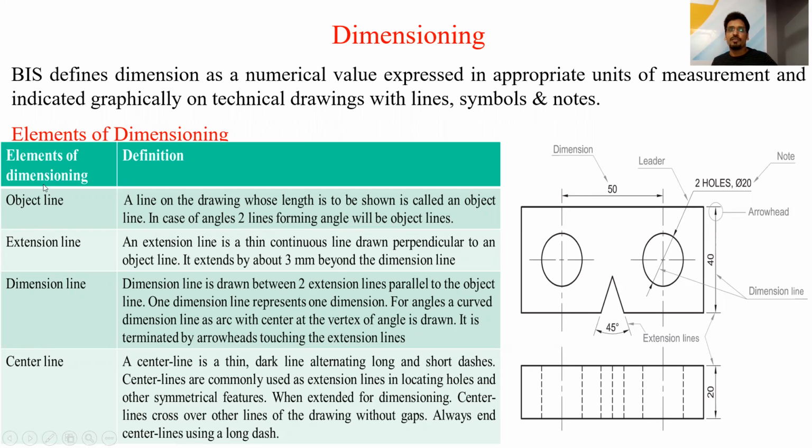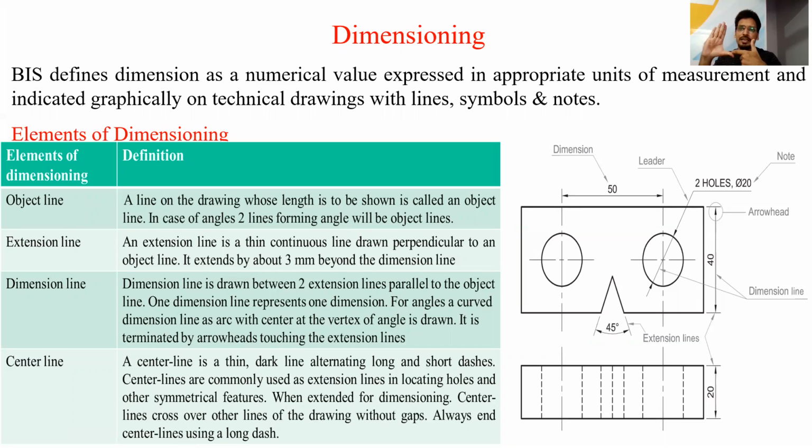So the first element of dimensioning is the object line. Object line is what? A line on the drawing whose length is to be shown is called an object line. So in case of an angle, the two lines forming the angle will be object lines. Let us suppose we have to draw an angle. So one line is this one and one line is this one.